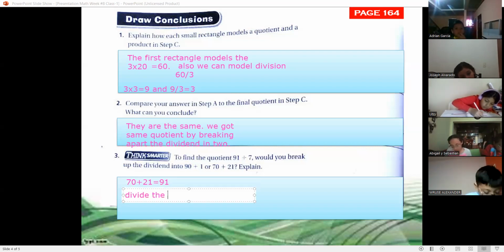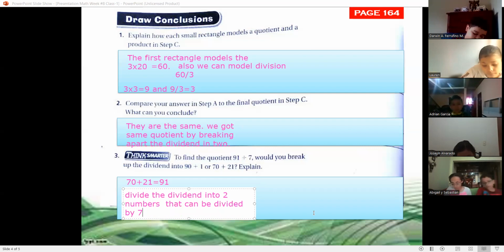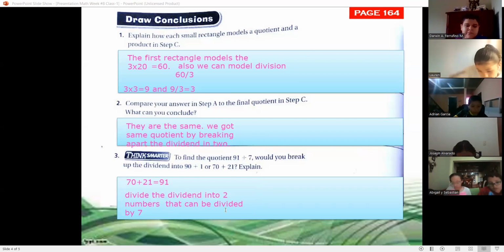the dividend into two numbers. So something very important in this exercise: we need to break the dividend into two numbers that can be divided by 7.